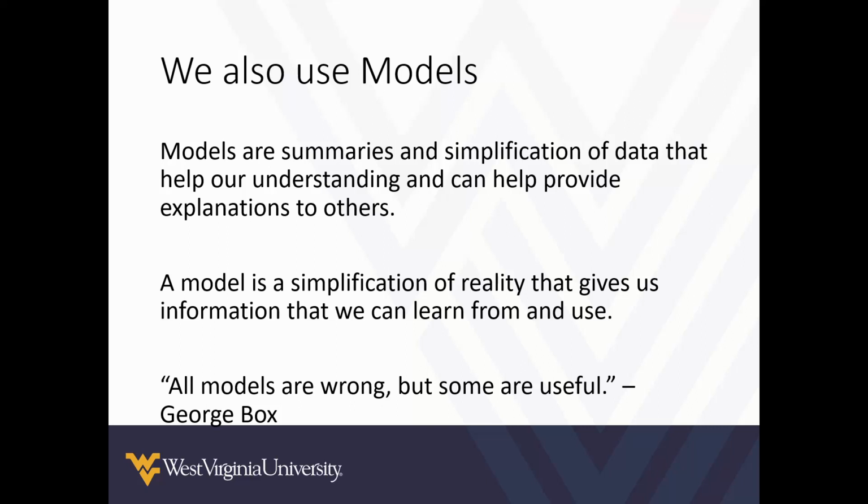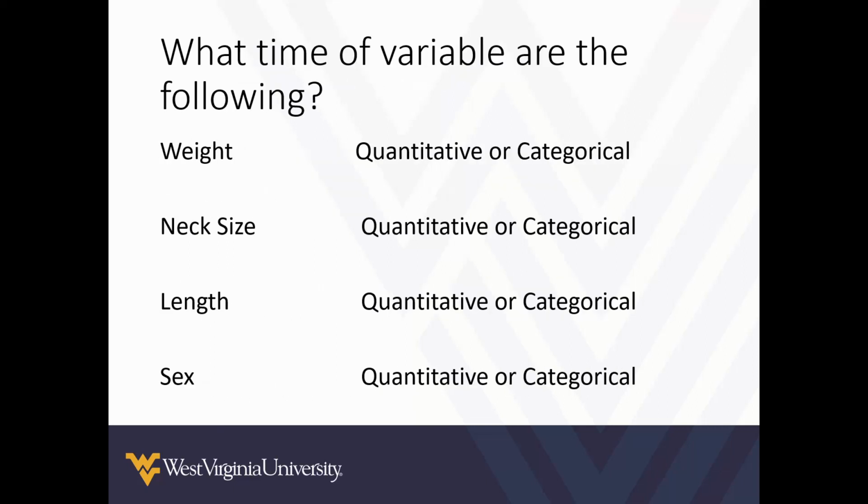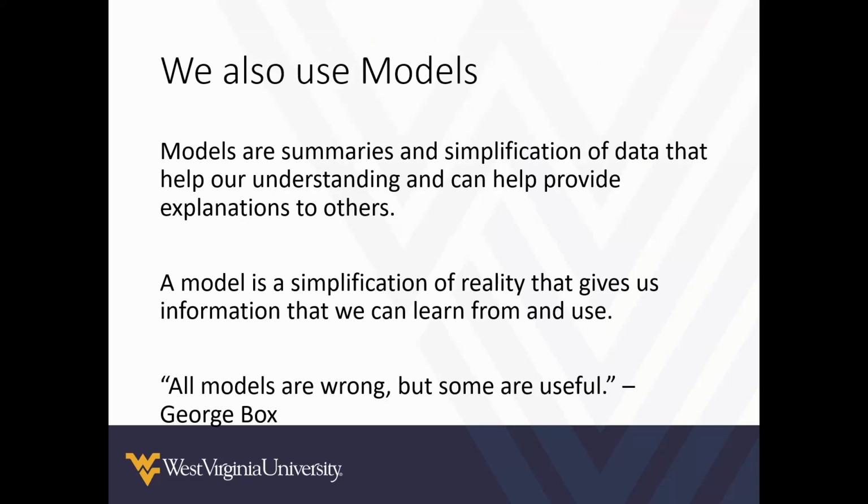But models give us a good estimate of what we're expecting to occur. So while measuring, say, the neck size, length, and sex of a bear may not give us the exact weight, it can give us a good approximation.